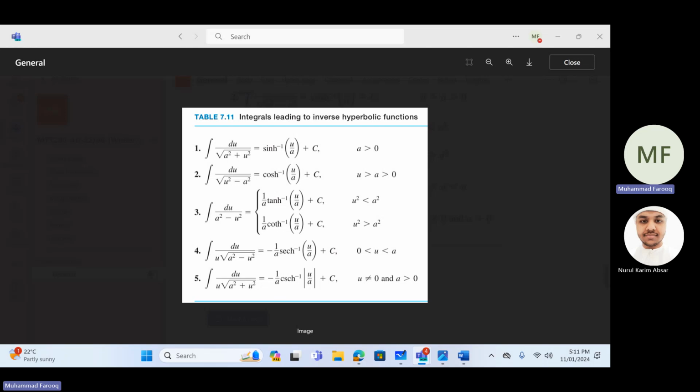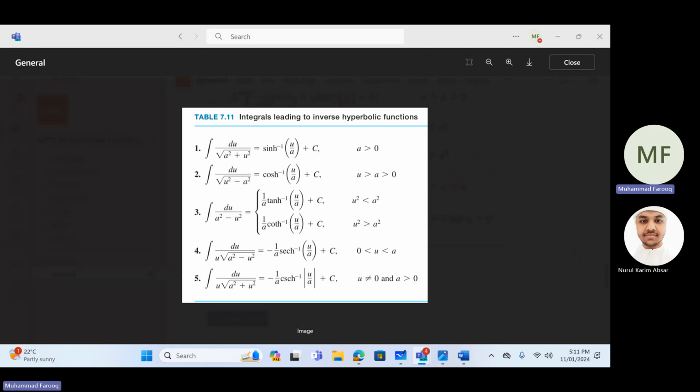Look at number three. It's not a function, it's an integration option. Number 3 has 2 possibilities, so we have to decide which is the answer of the question. The answer depends on a condition. If this condition is true, use tangent. If this condition is true, use cotangent.